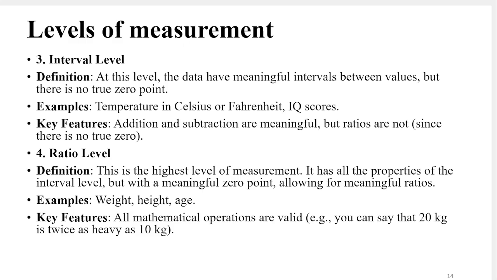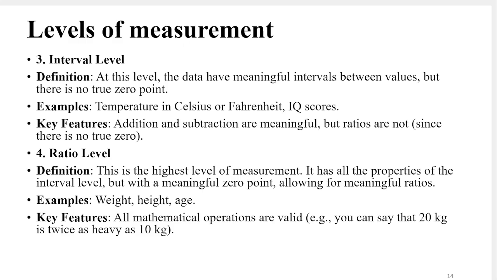This means we can measure the difference between values accurately. For example, temperature in Celsius or Fahrenheit. The difference between 20 degrees Celsius and 30 degrees Celsius is the same as between 30 degrees Celsius and 40 degrees Celsius.